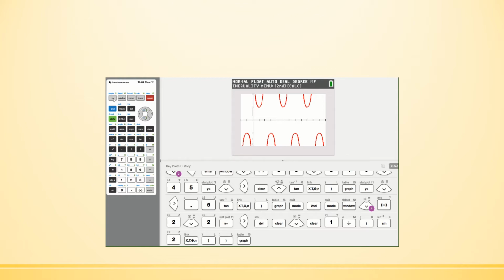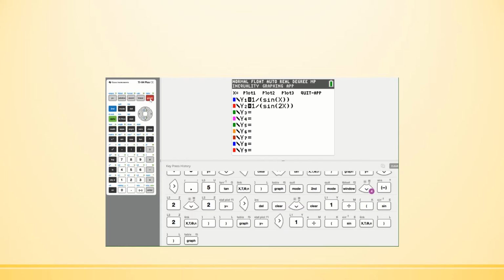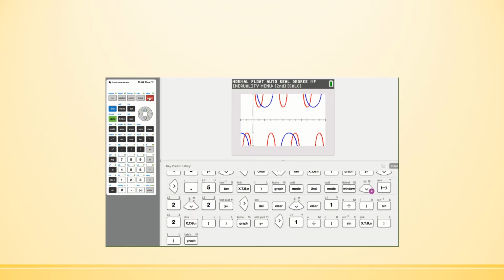Now, just for fun, let's just graph just plain old cosecant of x. So we'd have 1 divided by the sine of x. That's going to appear in blue. And you can see here that what happens is that everything's shifted. We now have 360 degrees for the period, and we have asymptotes at 180.